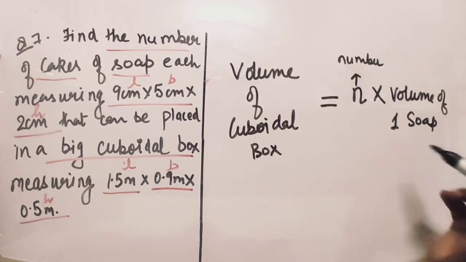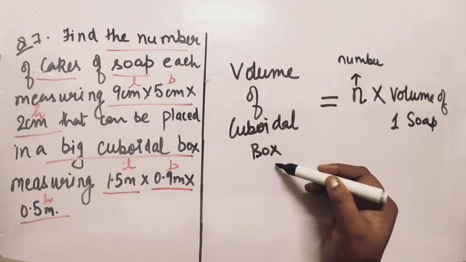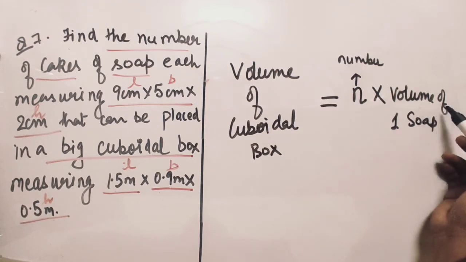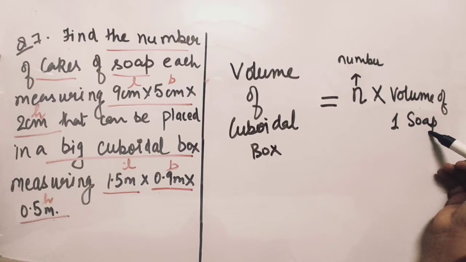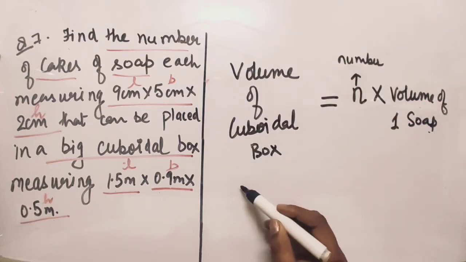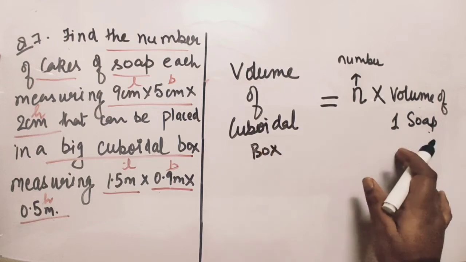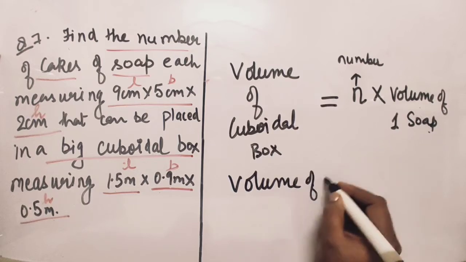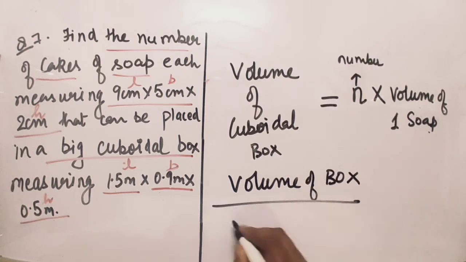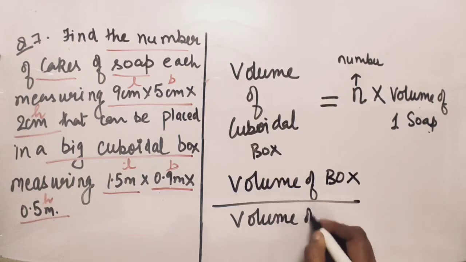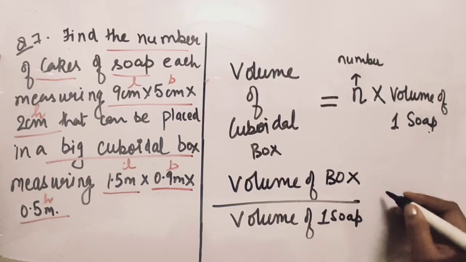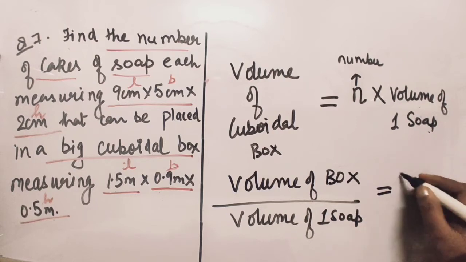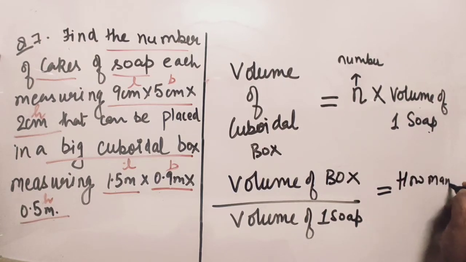So what we are going to do, we have to find out the volume of the cuboidal box and the volume of one soap. As per this concept, as they will be equal to each other, we have to divide the volume of the box by the volume of one soap, so that we will know exactly how many we can put into the box. So let's start with this.